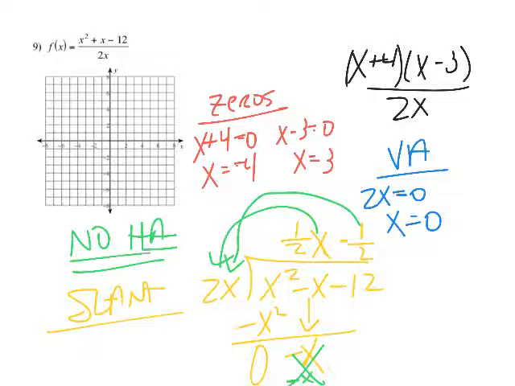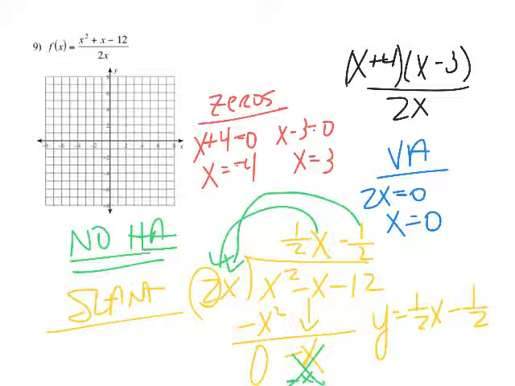So my slant asymptote is y equals 1/2 x minus 1/2. You could have also done synthetic division, but you have to remember that when you do synthetic division, you have to watch out for this leading coefficient. Everything else is all good.